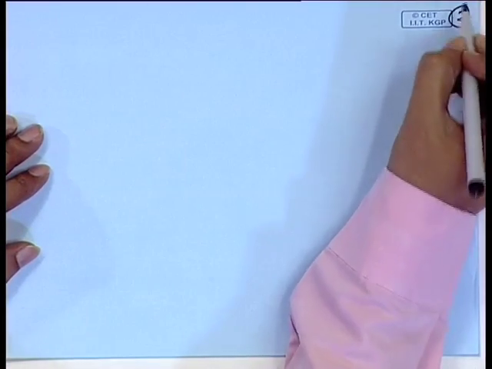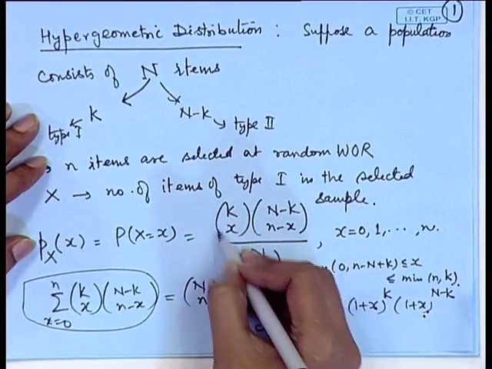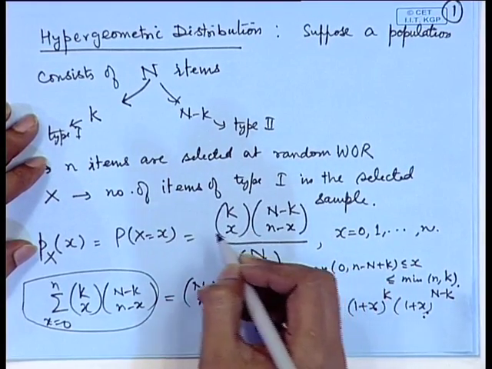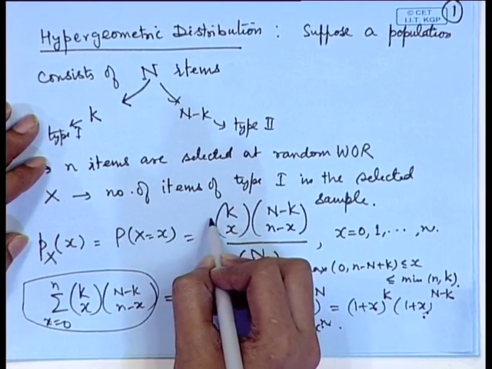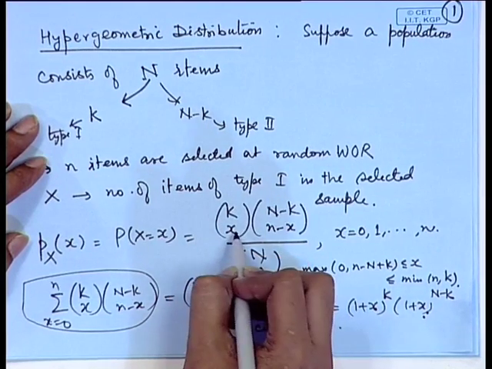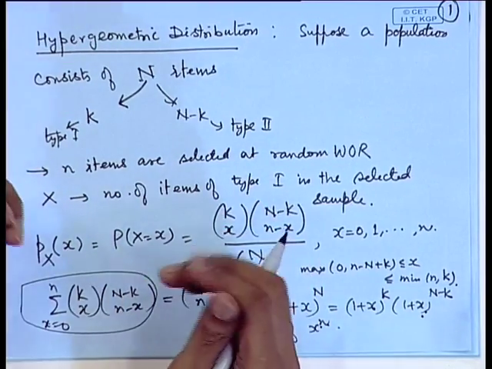Let us look at the moment structure of this distribution. Since factorials are involved, like in the binomial distribution, if we want to calculate, say, expectation of x, then x into something will come, therefore this factorial has to be adjusted. Therefore, it suggests that, like in the binomial distribution, the moments of the hypergeometric distribution can also be calculated easily using the factorial moment structure.